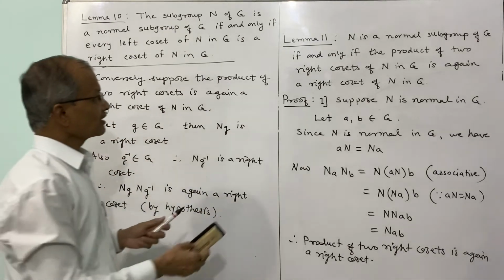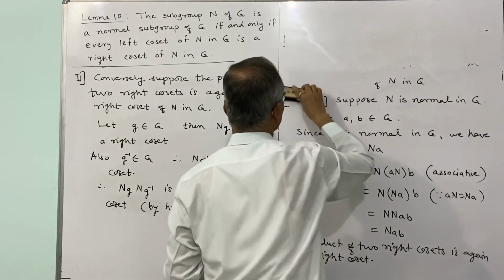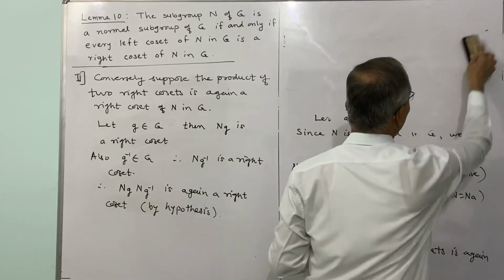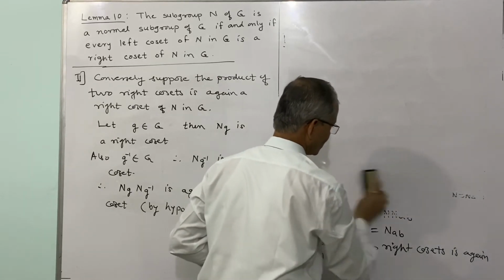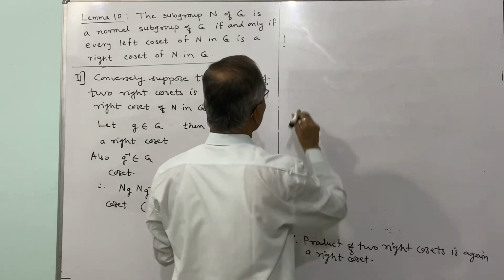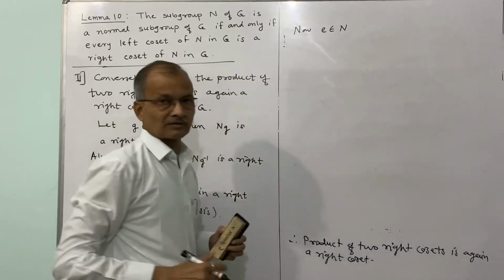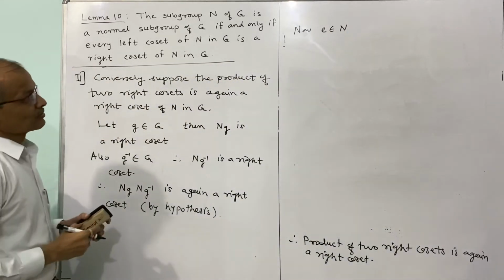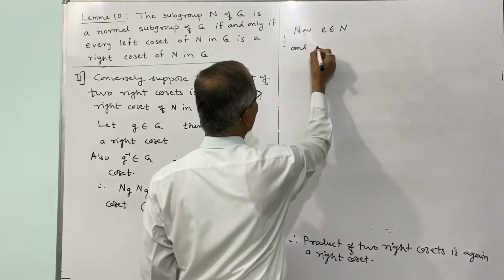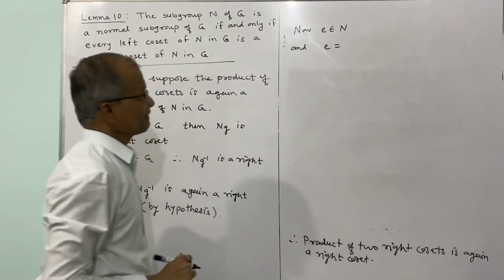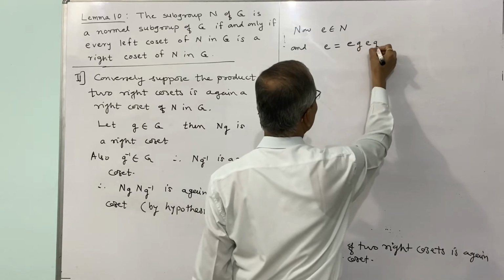Now we shall consider the element e. e belongs to N, we have, e is the identity element, and the identity element must be in the subgroup N. So e belongs to N, and e we can write as eg into eg inverse.